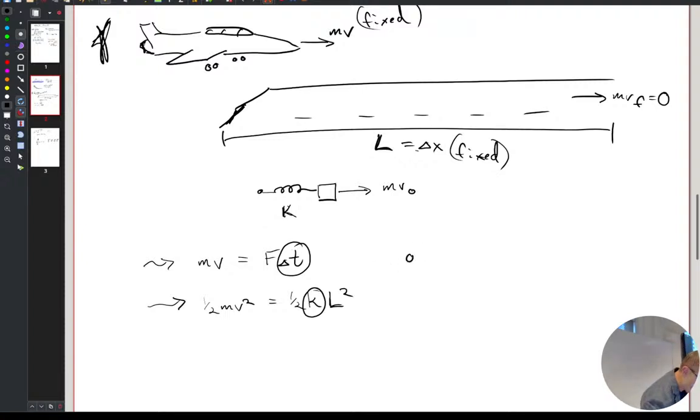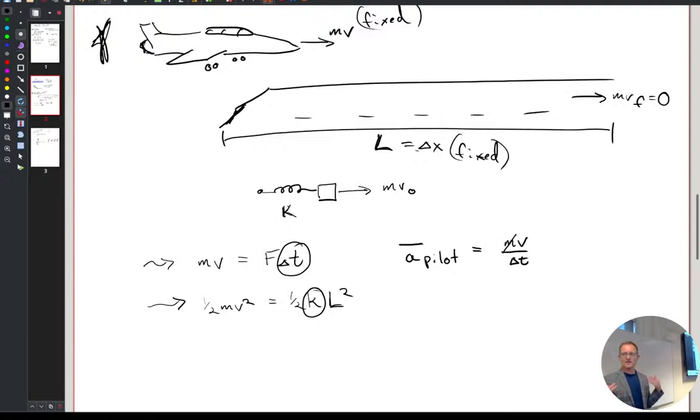Where the average a of the pilot is mv over delta t. Or, I mean, really, it's just v over delta t, right? Because that's the average change in velocity. So I would want that to be less than a certain value.